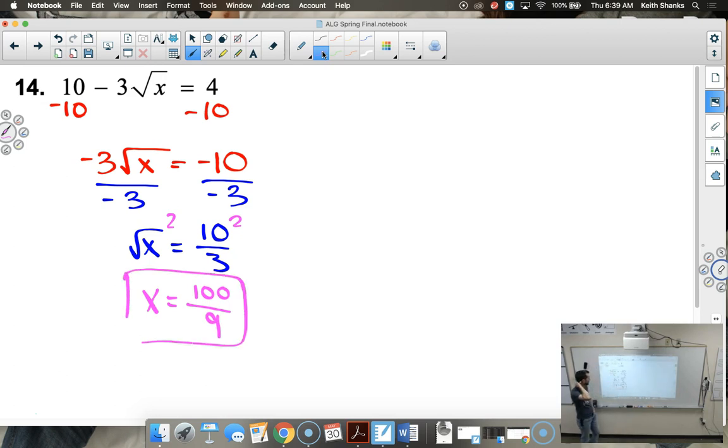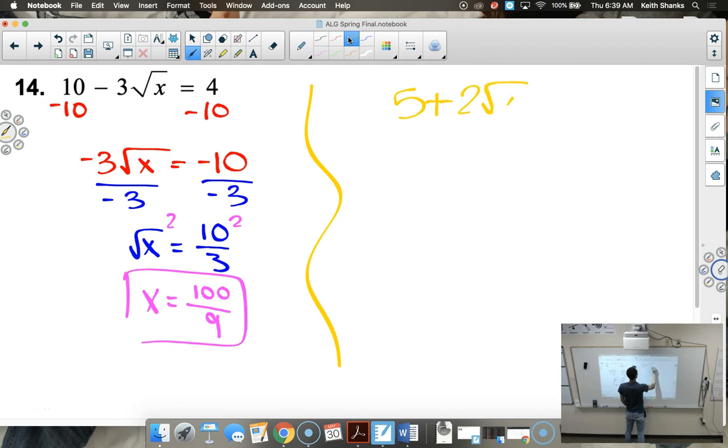Now, one quick caution. This is completely aside, I'm just making this up. Let's say I ended up with something like this, a similar problem, but I'll change it a little bit. Let's say I had, I'll make it a little nicer, 5 plus 2 times the square root of x equals, we'll say negative 3.